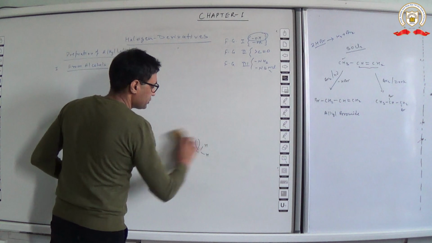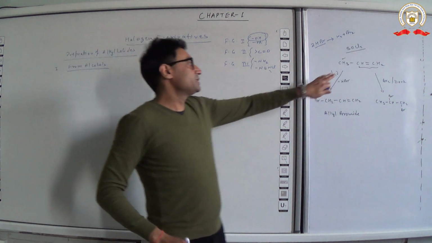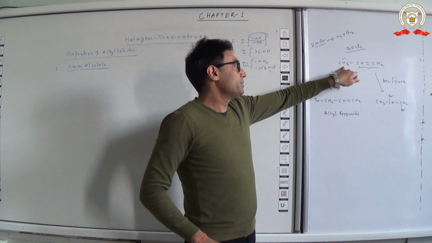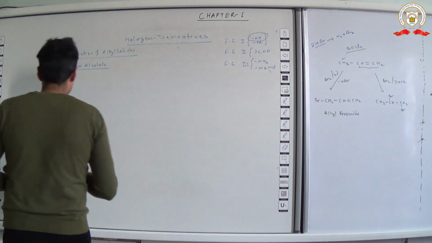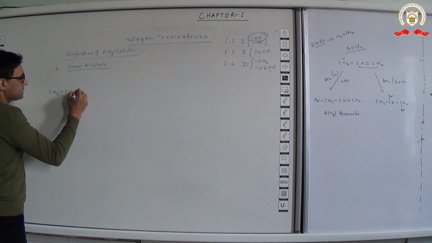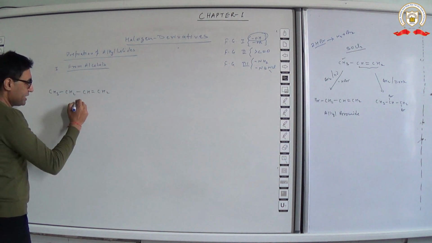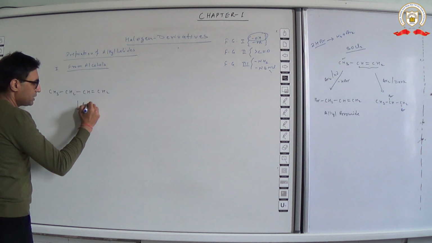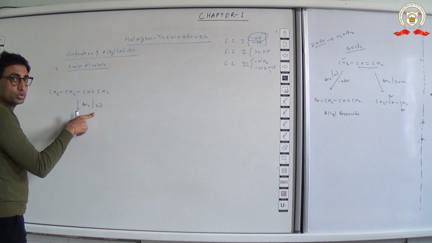Now let us move a step ahead. In free radical substitution, in this example you have seen that in the presence of sunlight, one of the H will move out, Br will come here, and we will get allyl bromide. What about if I get a compound like this? If I react it with Br2 in the presence of sunlight, you have got two sides.